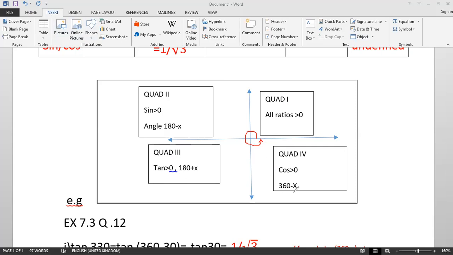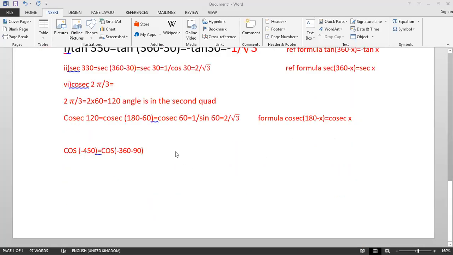So with this concept, minus 360 will be finished and the value will become cos minus 90 only. And for cos minus 90, we will use a formula that will convert cos minus 90 into cos 90.